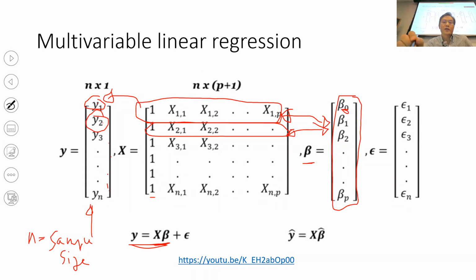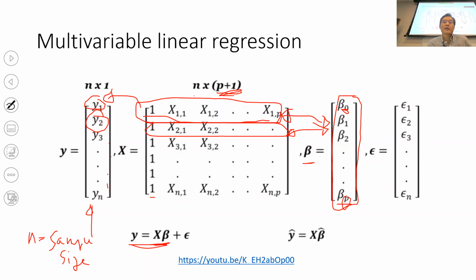Okay, in order to make this work, you need to do some transformation to make sure the dimensions are right. If you have p values in the beta vector here, and you want to make sure you can do this multiplication, that's the inner dimension. So X is n times p plus 1, because you have p variables plus 1 intercept variable.